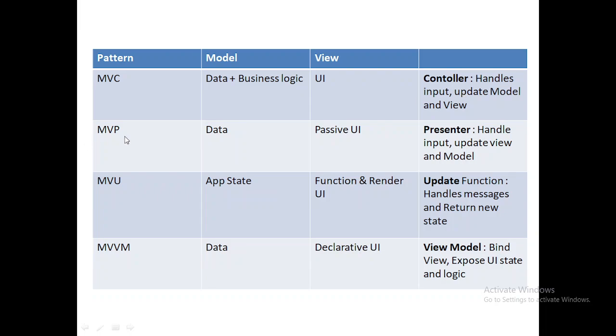Then MVP, that's nothing but model view presenter. The model stores the data, and the view is a passive user interface. The presenter does the same as a controller: it handles the inputs, takes the input from the UI, and updates the view and model if needed. So the presenter is also an intermediary between the view and model.